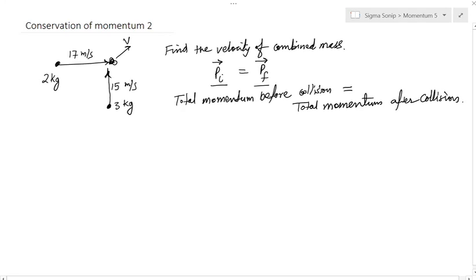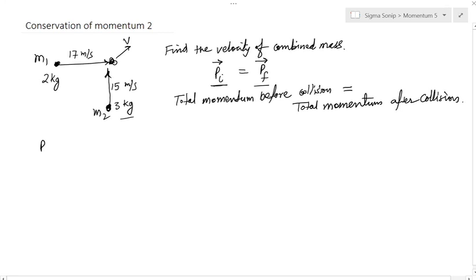So first we will find the total momentum before collision. Now before collision, the total momentum consists of two momenta. We have the momentum of object 1 and the momentum of object 2, so we need to add them together. This is my m1, and this is m2.